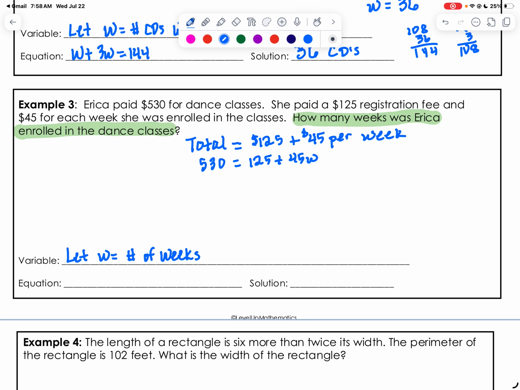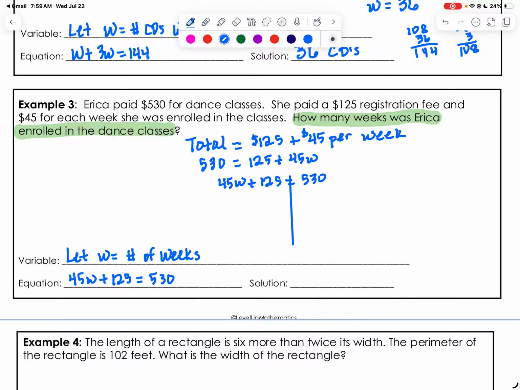Now, when I write the equation down, again, I like the variable to come first. You don't have to do this, but I like it to look like this. 45W plus 125 is equal to 530. To me, it's just easier to solve when the variable is first. So let me write that down. 45W plus 125 is equal to 530.